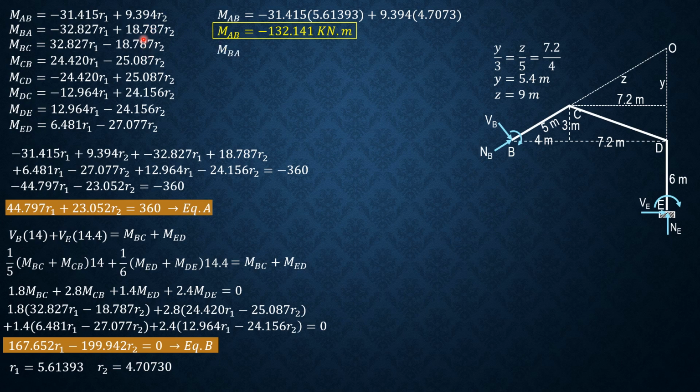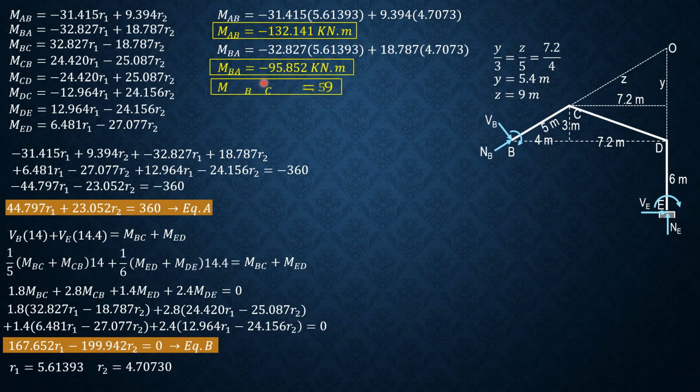Then MBA is negative 32.827 of 5.61393 plus 18.787 of 4.7073. So MBA is equal to negative 95.852 kilonewton meter. MBC therefore is positive 95.852 kilonewton meter.